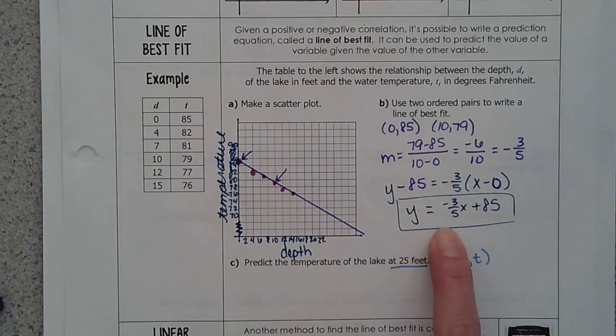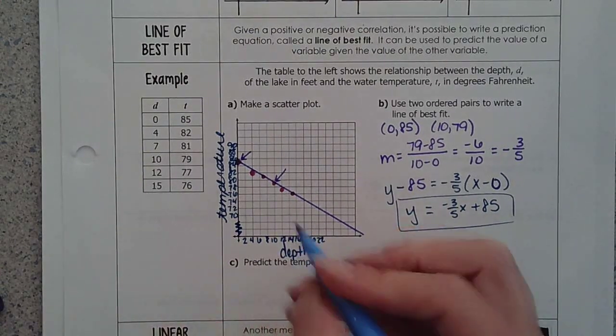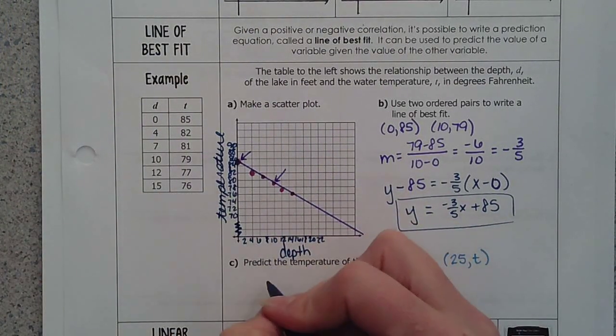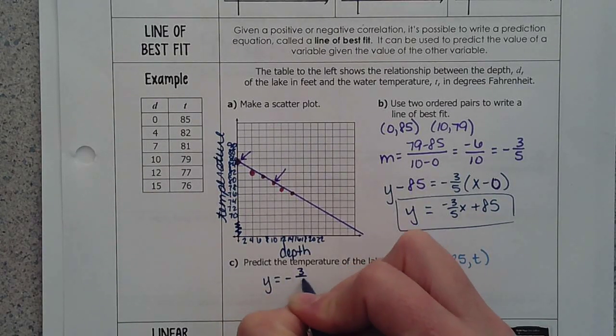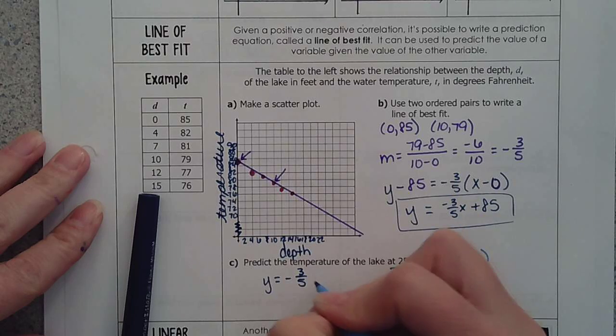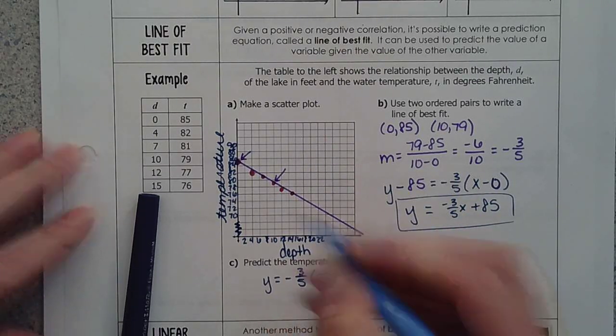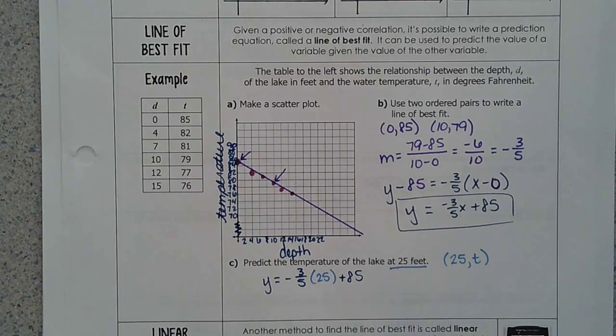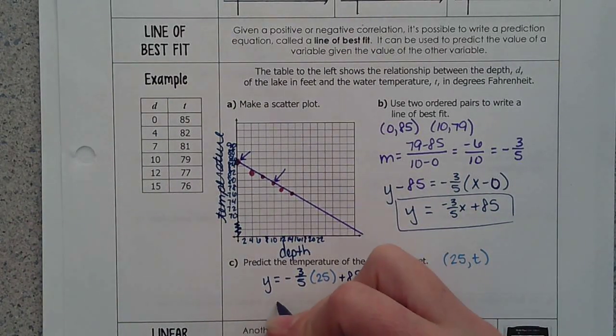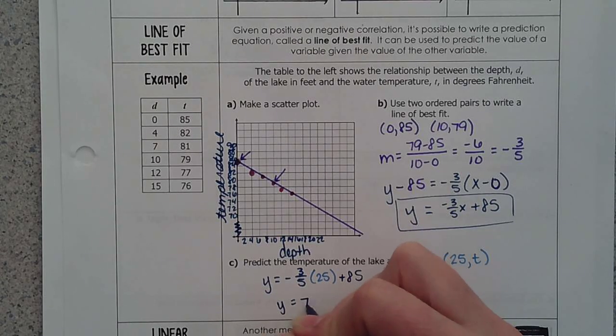I'm going to use this equation to find it. y equals, or I could say t equals, negative 3/5 times my x, plus 85, and I'm just going to type that into my calculator. I end up with y equals 70.